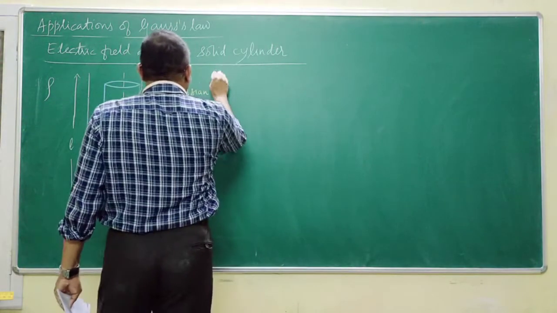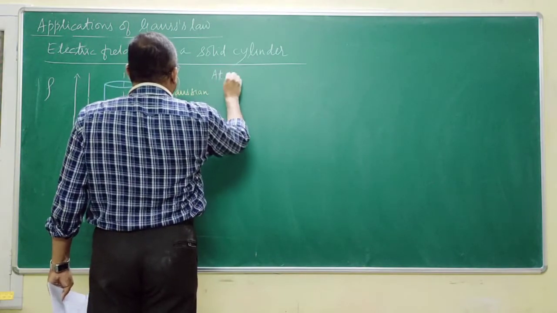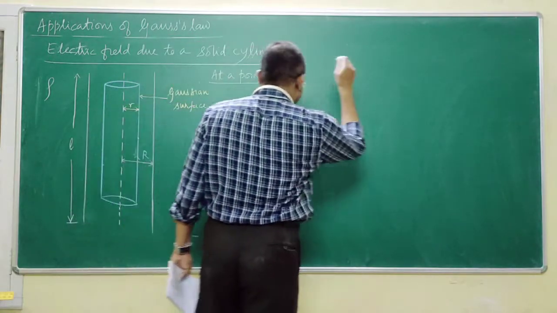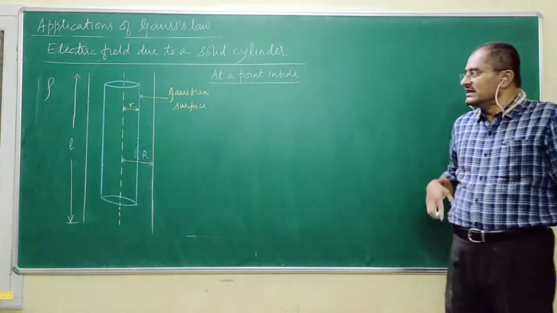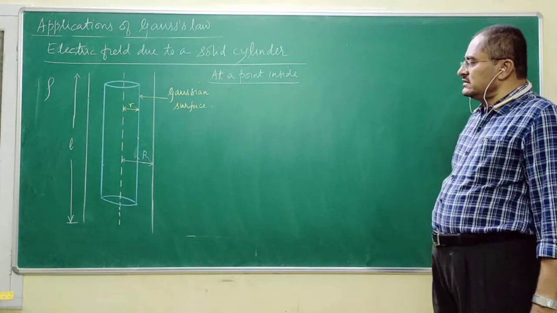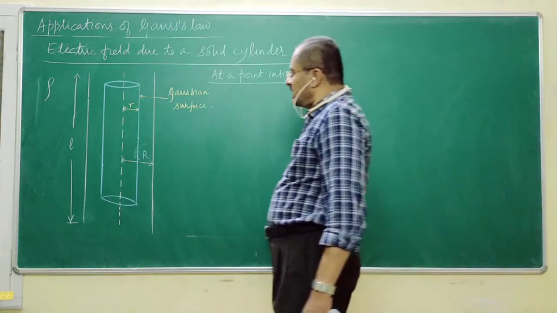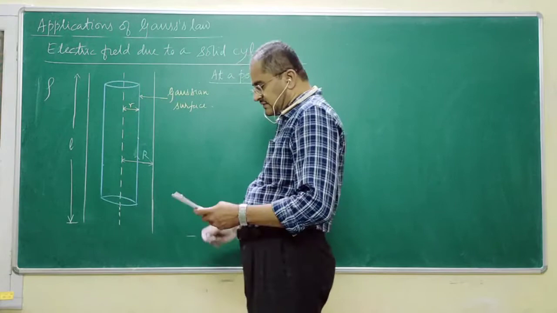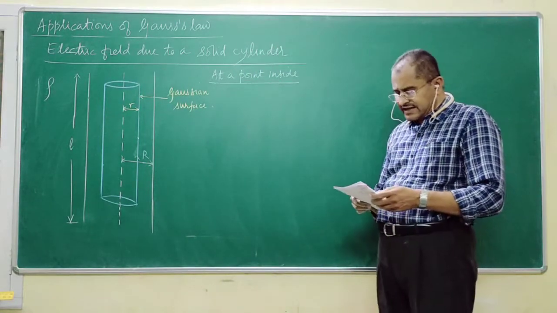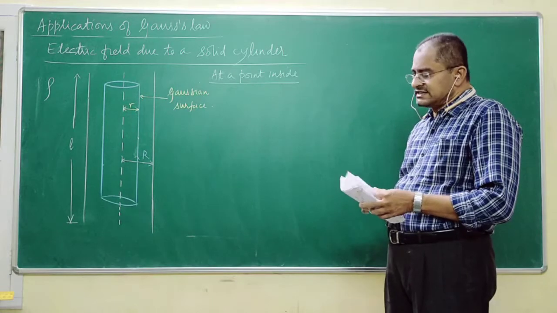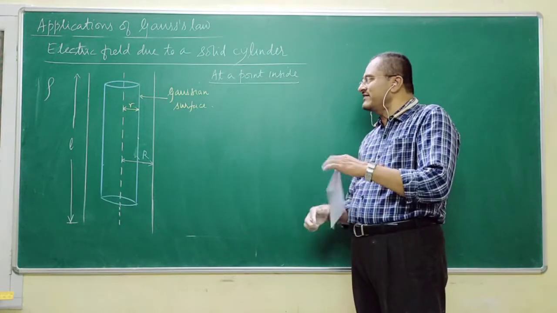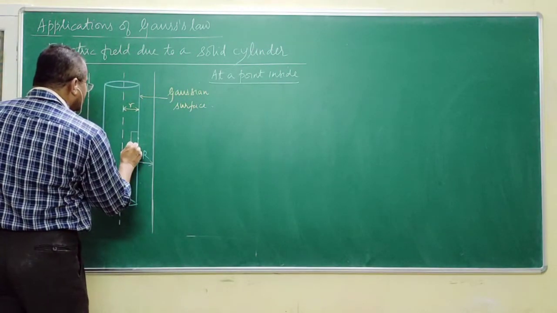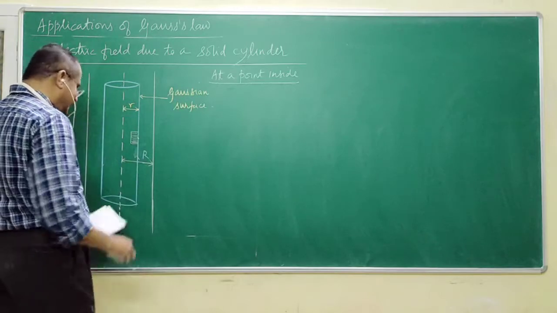Now we are interested in the field at a point inside. In order to determine the electric field at a point inside this solid cylinder, I have drawn a Gaussian surface, an imaginary surface of radius r, such that this cylinder of radius r and the cylinder of radius capital R are coaxial with one another. Let me take a small surface of area dS.